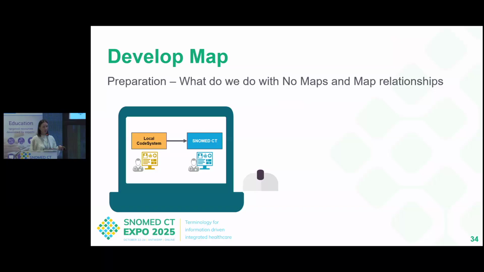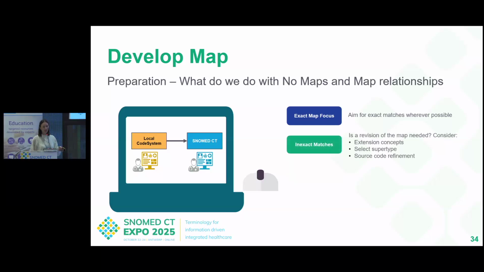Okay. You also need to think about what you might do with no maps and map relationships. So you want to aim for exact matches wherever you can. And if there are inexact matches, what are the ways you're going to manage this? What are the examples? So do you need to think about whether new concepts need to be created?